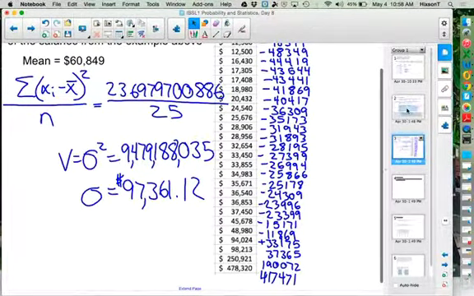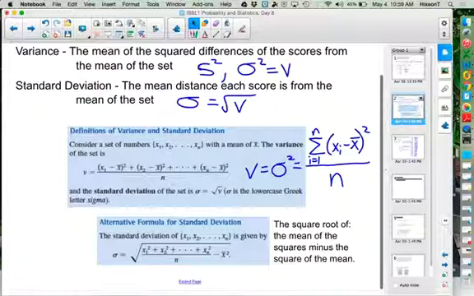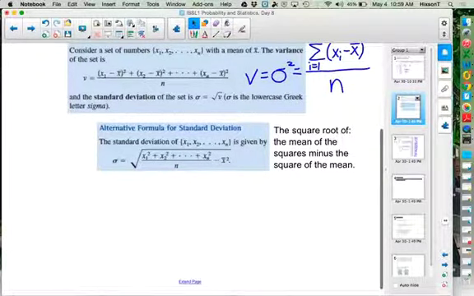All right, now I want to go back for a moment because there is an alternative formula for variance, or standard deviation. They give you the full standard deviation. If you want variance, you just square this. Get rid of the square root. Notice what they do here is rather than subtract the mean from each score, you can just square each score and divide it by n.